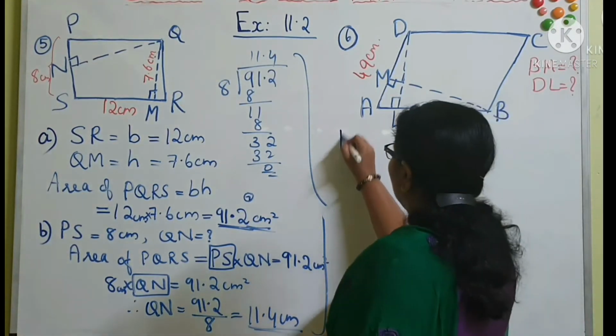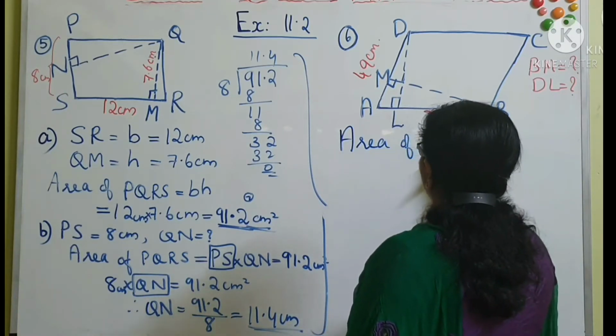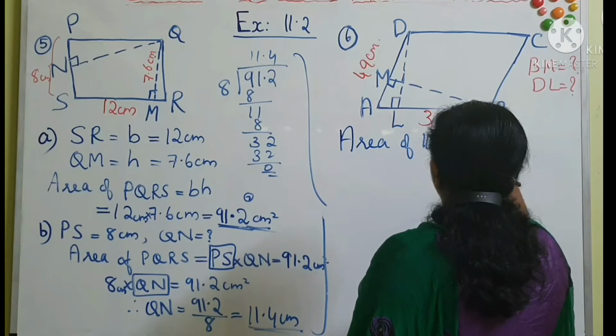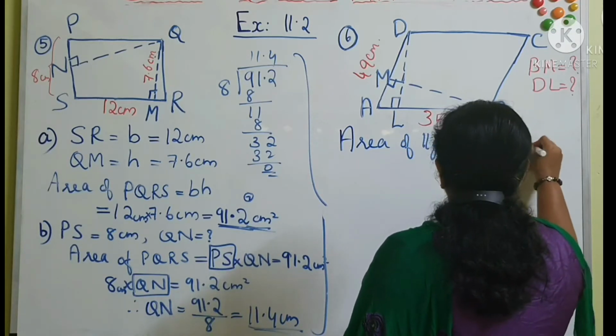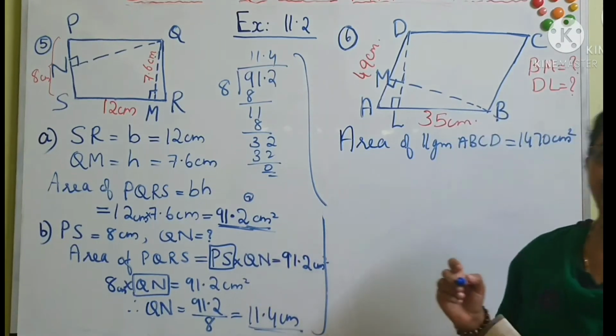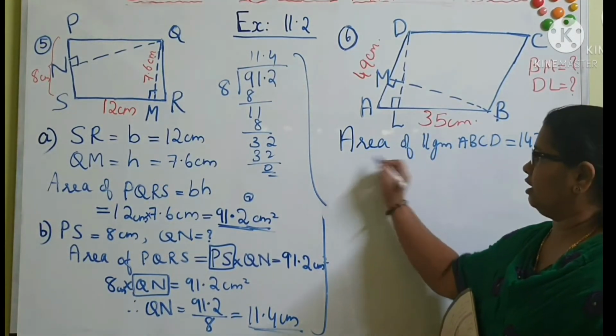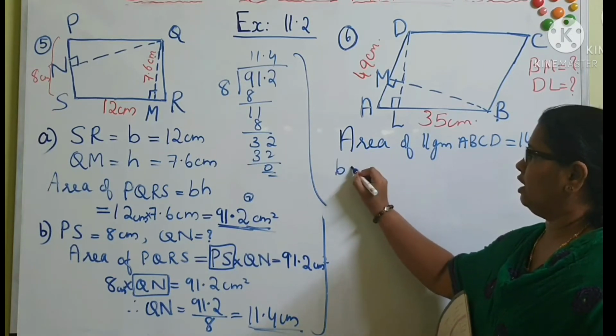Then area of parallelogram ABCD is equal to 1470 centimeter square. So, if we take AB as the base, then area is base into height.